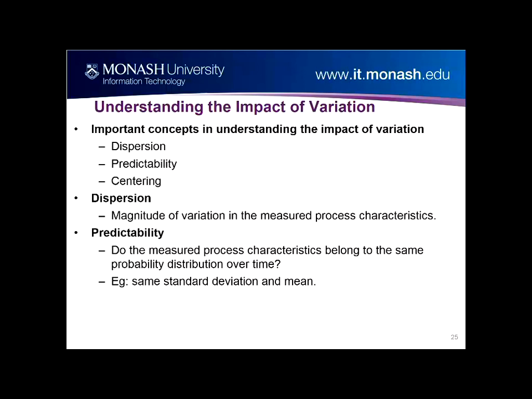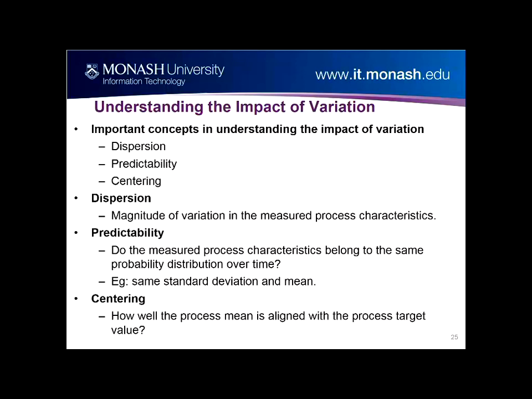That is called predictability. When you predict something, you estimate what is going to happen next based on what is happening now or in the past. And normally you use the same standard deviation and mean to quantify your predictability.